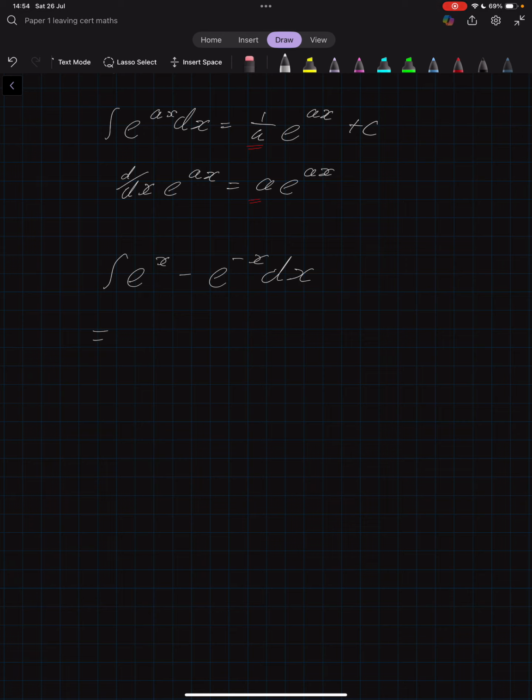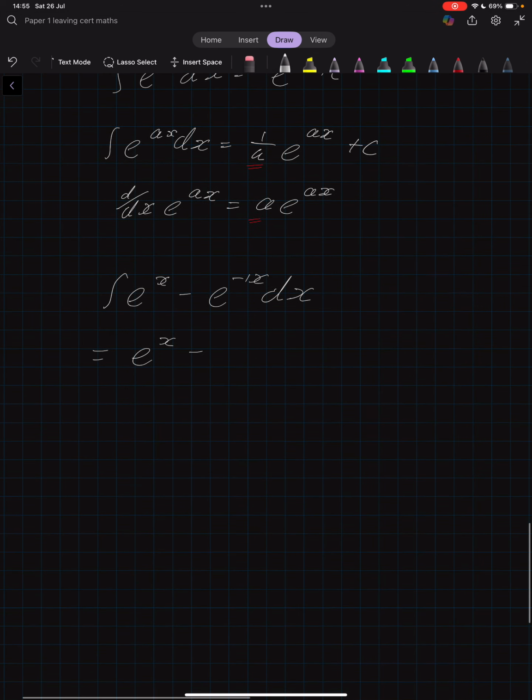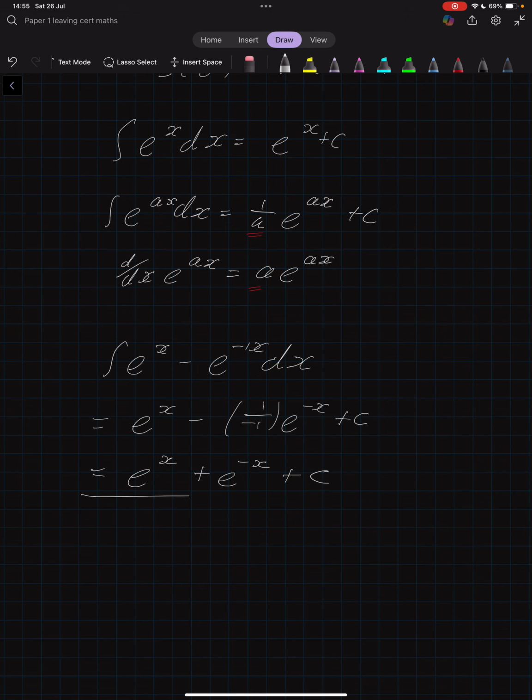If I integrate this, the first one is just going to be e to the x. The second one, a in this case is minus 1, so it's going to be 1 over minus 1 e to the negative x plus c. So it's e to the x plus e to the negative x plus c. So this is the integral of this thing.